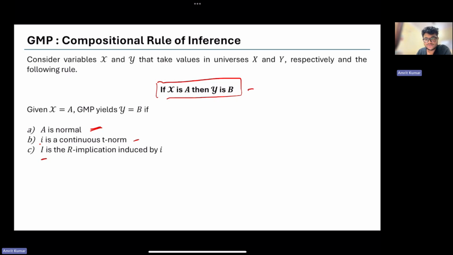Or in other words, if we are given the input fuzzy set A dash to be A itself, then the output fuzzy set B dash would be the same as B, right?